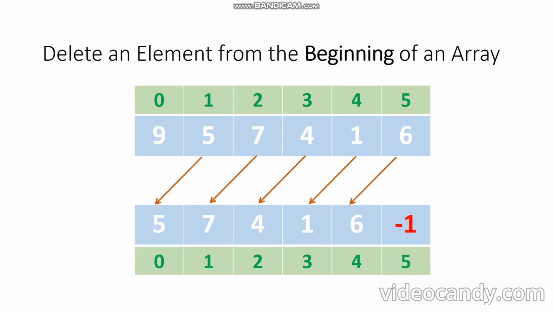This is very important, because you are removing one element, so the size of the array gets reduced. Similarly, I forgot to tell you, when you are inserting an element in an array, you have to increment the size variable of that particular array.